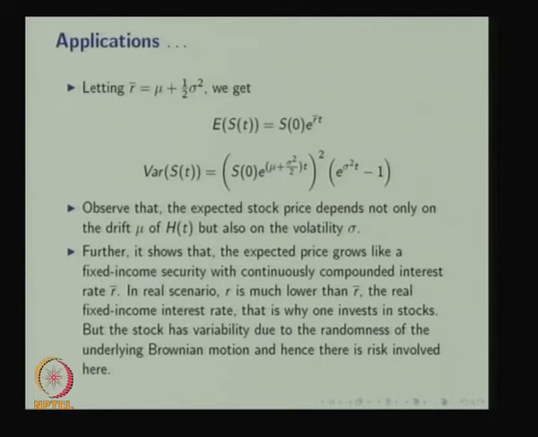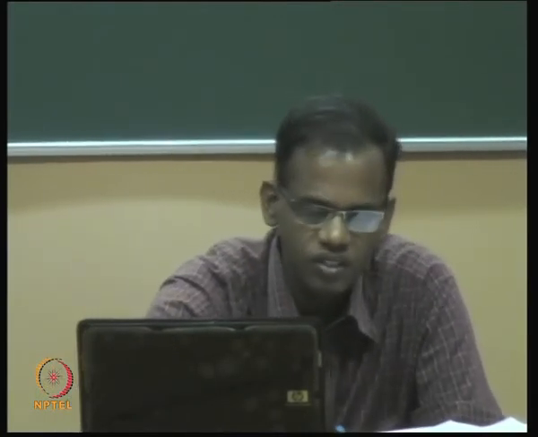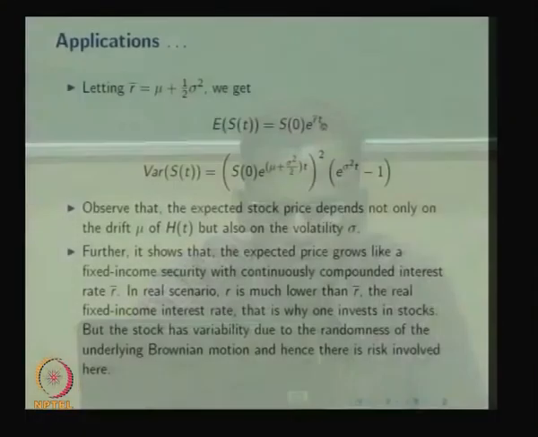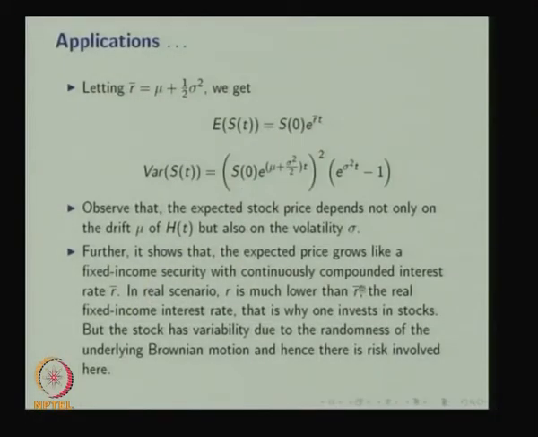Whereas when you invest in stock, the expected price grows in the form of S(0) e to the power r bar t, where r is much lower than r bar, but there is a risk. That's the difference between the fixed income scenario and investing in stocks. The stock has a variability due to the randomness of the underlying Brownian motion, and hence there is a risk involved.